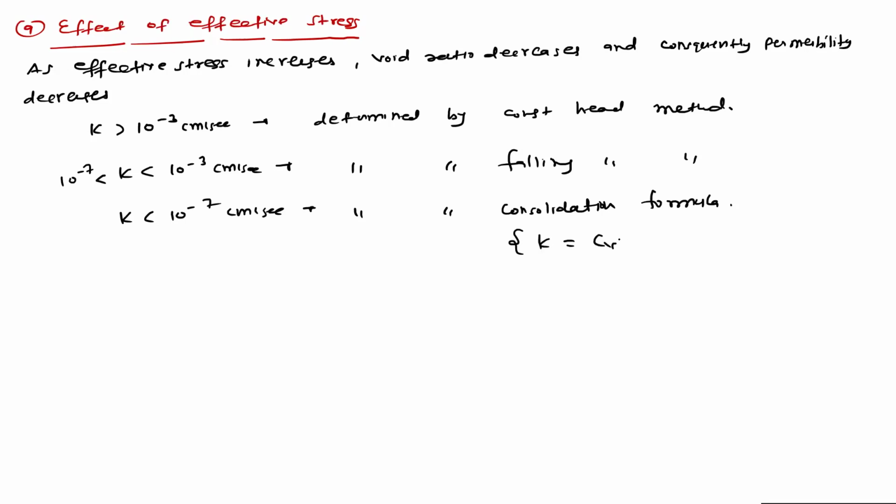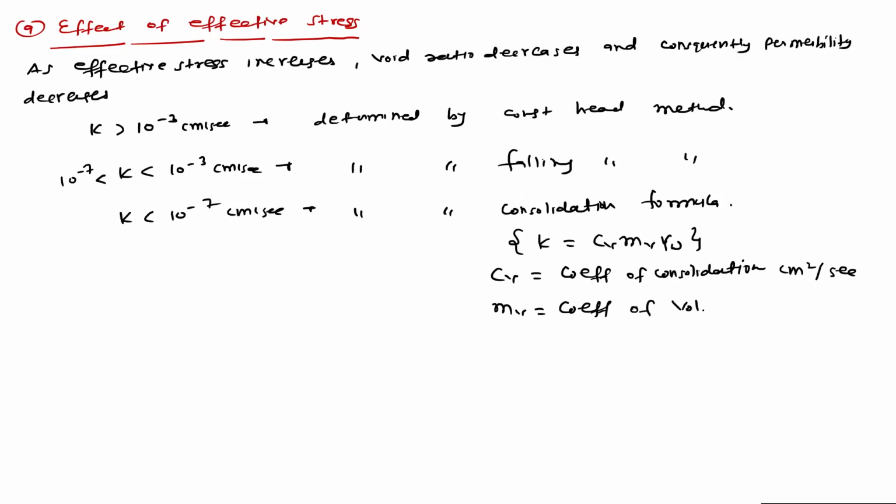k is equal to Cv mv gamma w. What is Cv? Cv is the coefficient of consolidation, in centimeter square per second, and mv is the coefficient of volume compressibility, in centimeter square per Newton.